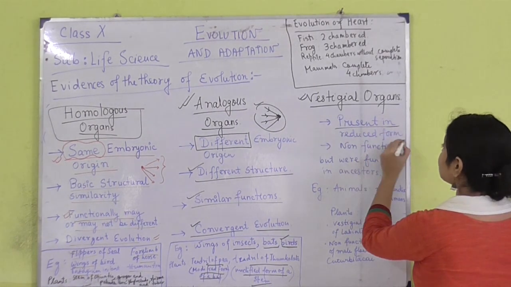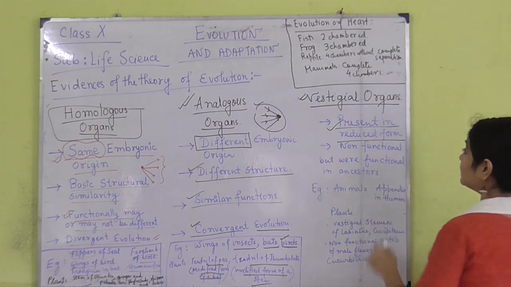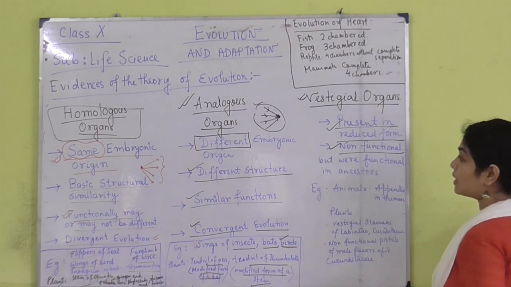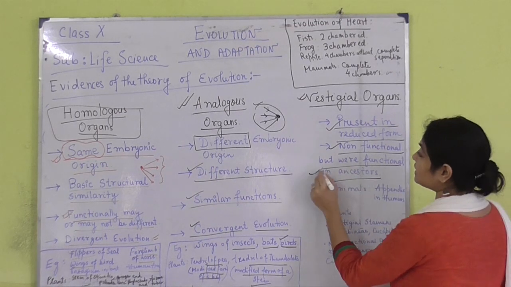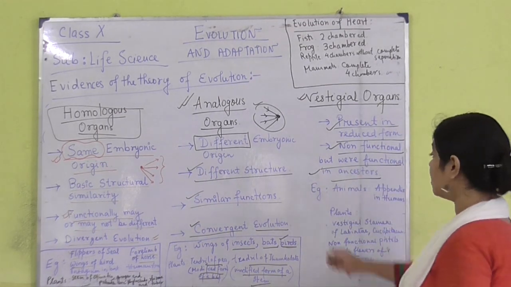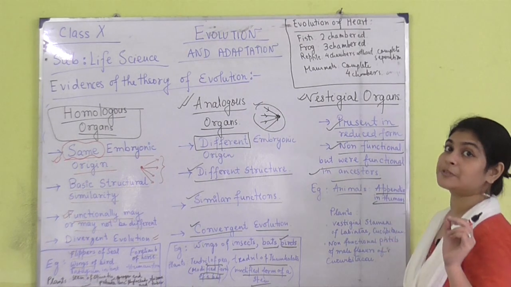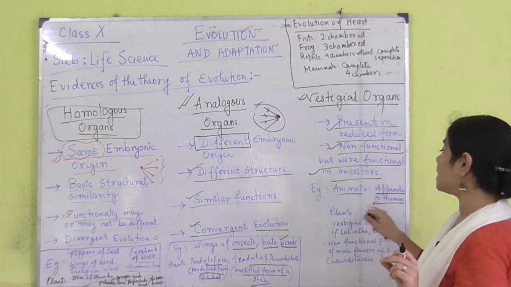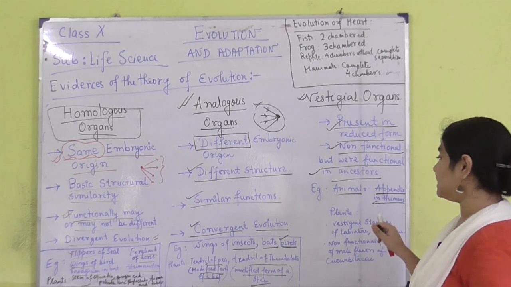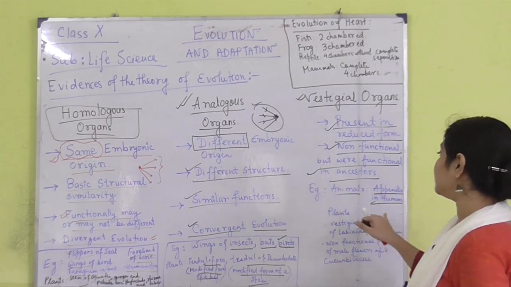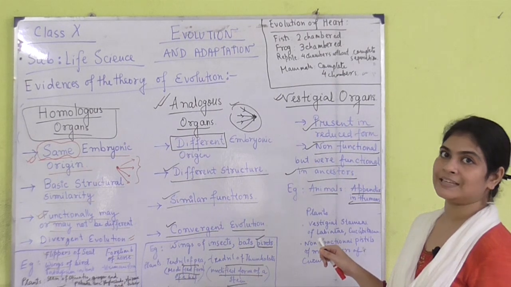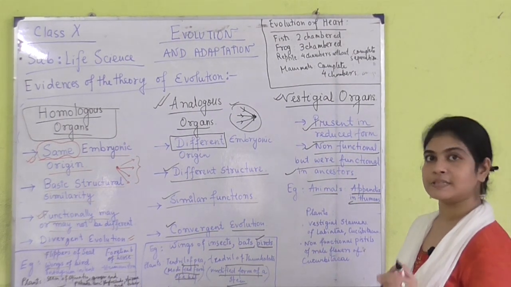They are present in reduced form, non-functional at present, but were completely functional in ancestors and predecessors. For example, in humans, appendix is present, right. The appendix, at one end of our intestine, is completely non-functional. It has no function in our body, but it is still there.